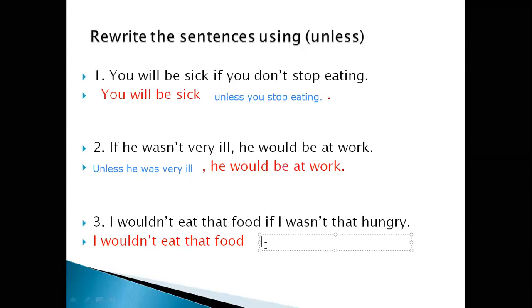I will say unless I was that hungry. So again we only delete the negative form, which is not.